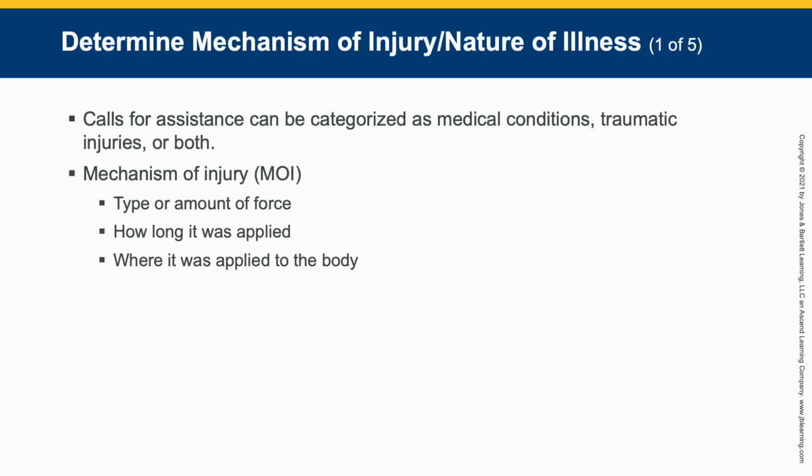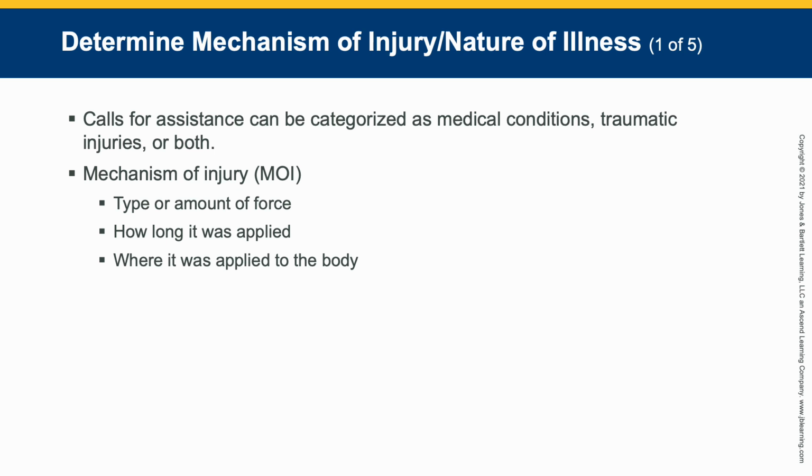Now, once the scene is actually safe, we begin determining whether we're dealing with a trauma situation, medical, or maybe a combination of both. Your mechanism of injury, which you're going to see commonly as MOI, refers to the physical forces that caused an injury, okay? Like a car crash, a fall from a certain height, or a stab wound.